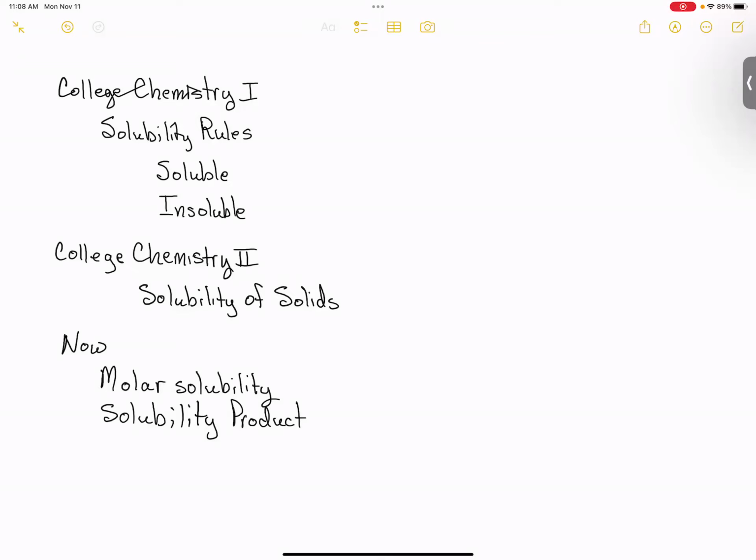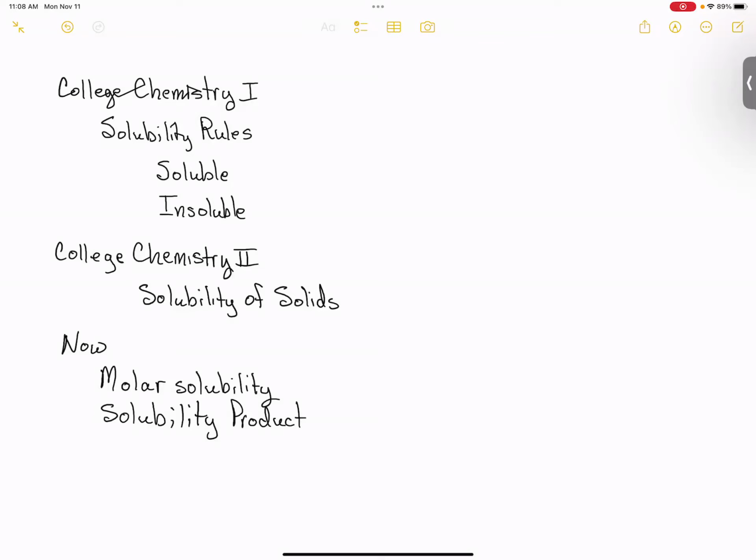Just like our previous discussions of equilibrium constants, the larger the equilibrium constant, in this case, the solubility product constant, the greater the amount the solid will dissolve in water. The smaller the solubility product constant, the less we would expect it to dissolve in water.